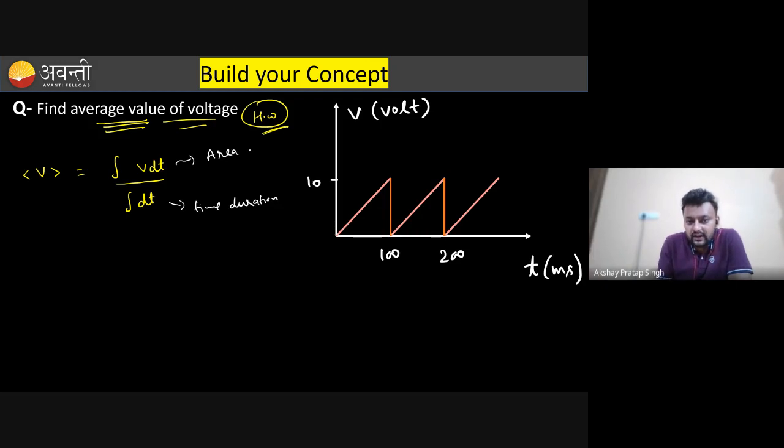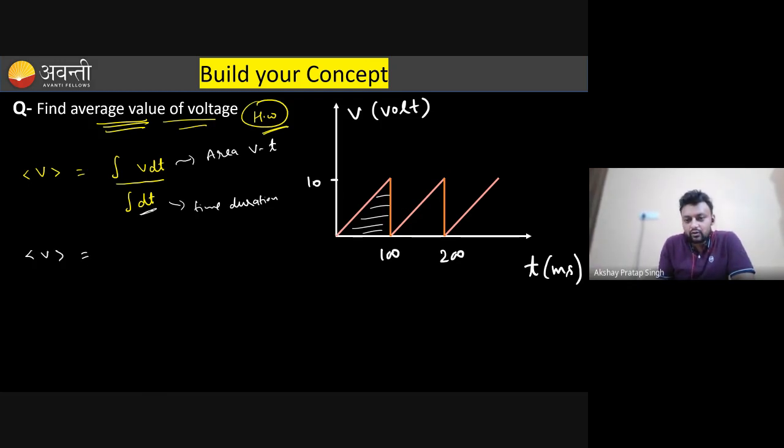Area of the VT graph, divided by time duration. Can you solve the area of this VT graph?